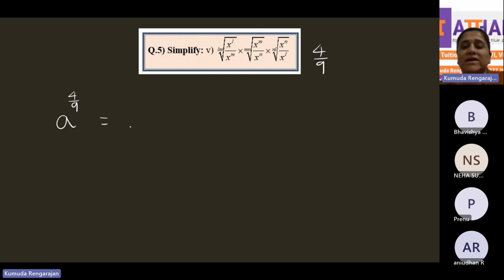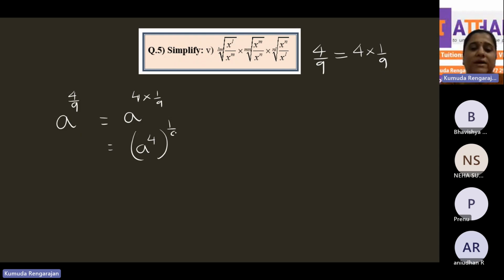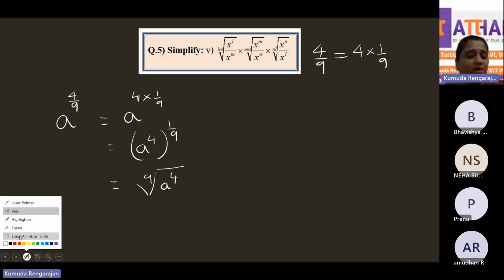What I was expecting was 4 by 9 can be written as 4 into 1 by 9. That's the first step. Now we write a to the power 4 and raise it to the whole power 1 by 9, and 1 by 9 means the ninth root of a to the power 4. Please make a note of this.